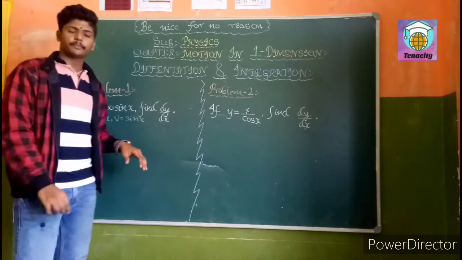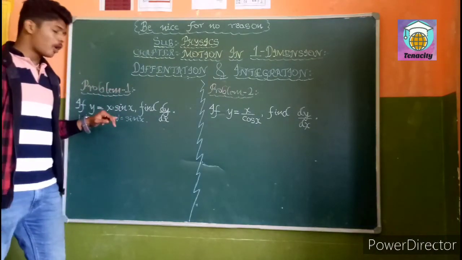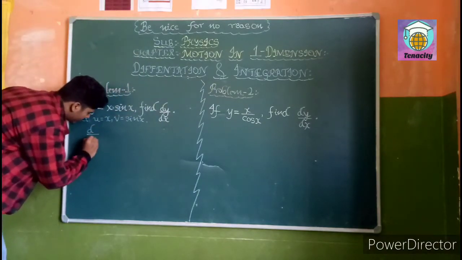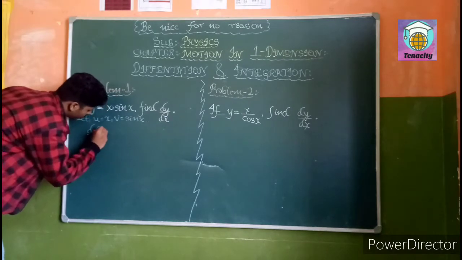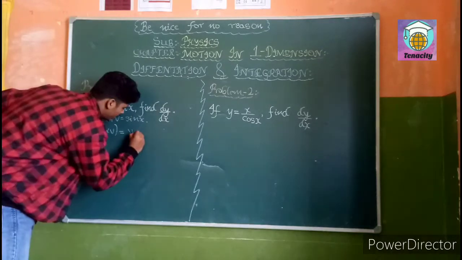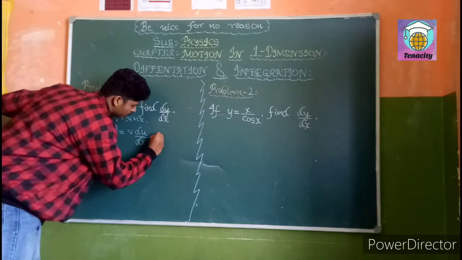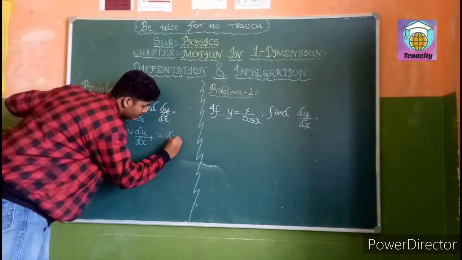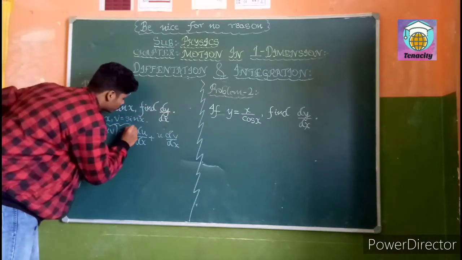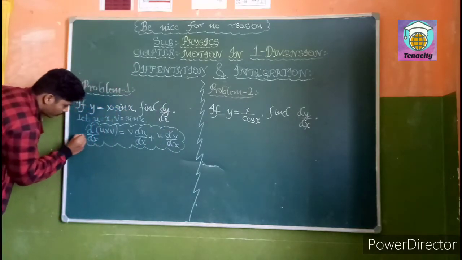You know the operation of differentiation, that is d by dx of u into v is equal to v into du by dx plus u into dv by dx, right? So based on this formula we will be solving this problem.